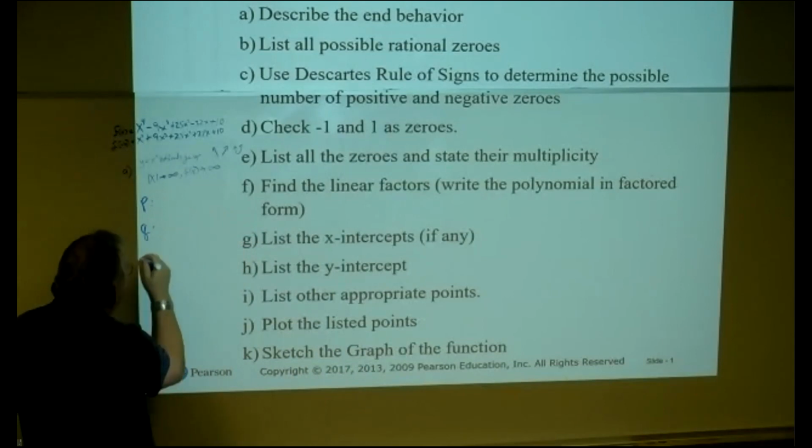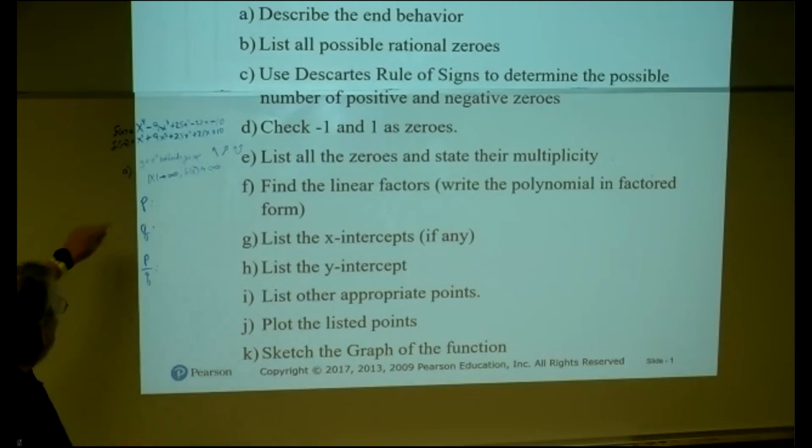Divide them. P over Q or Q over P? P over Q, which is why I wrote it that way. So the numbers for P, where do I get those from? The constant.